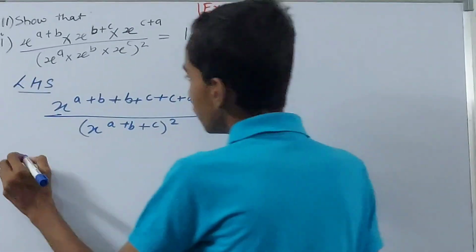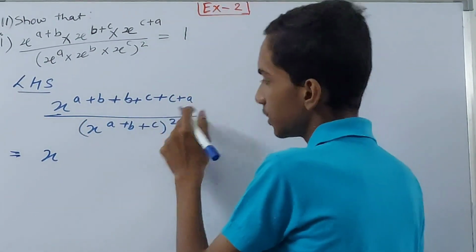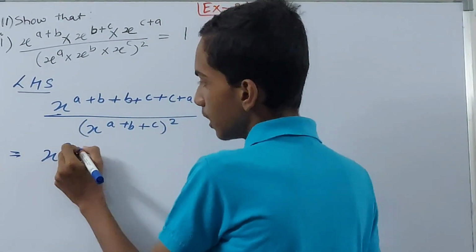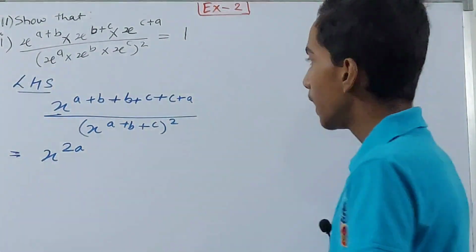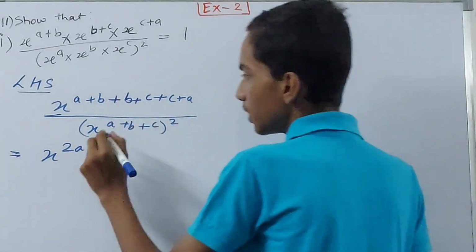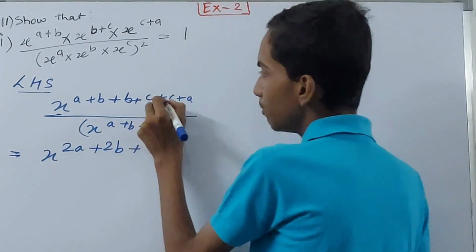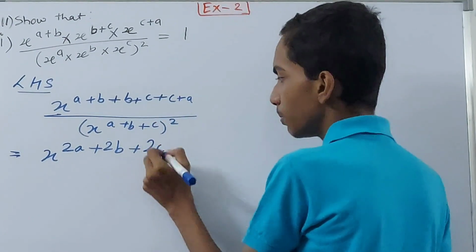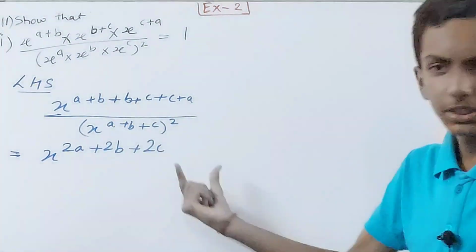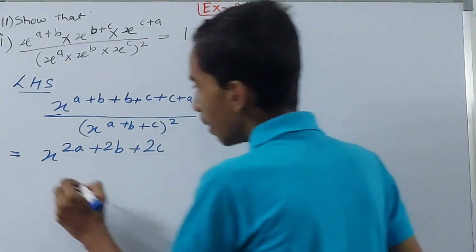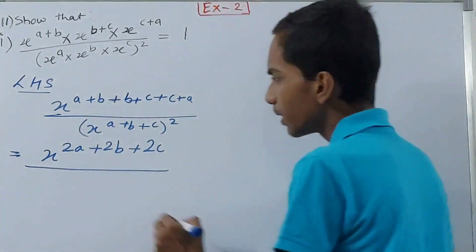Okay, so you'll have what? See, x to power a plus a, that is your 2a. a plus a is 2a, b plus b is 2b, so plus 2b, c plus c is 2c, so plus 2c, right. Everywhere we have to do this way. And now upon, now this will become what?